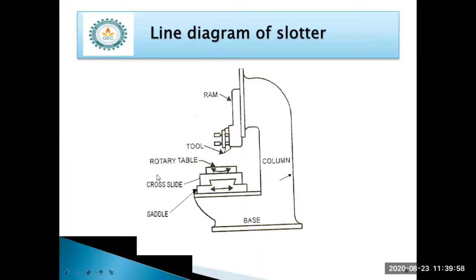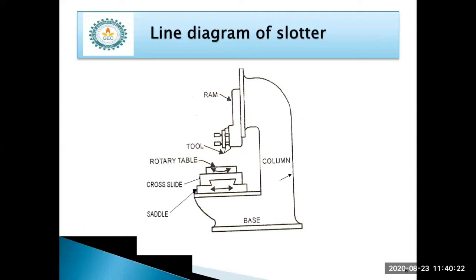And next one, the rotary table. It is mounted on the top of the cross slide. T slots are cut on the top face of the table for clamping the work. Rotation of the table facilitates taking circular cuts.